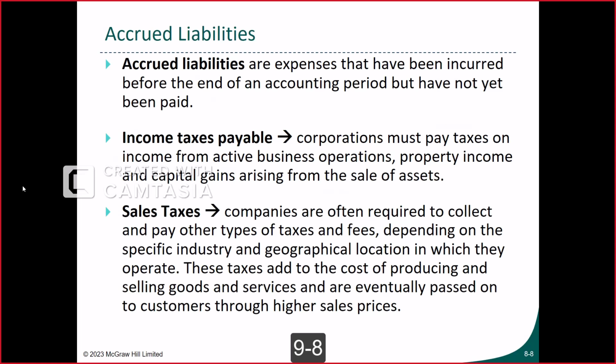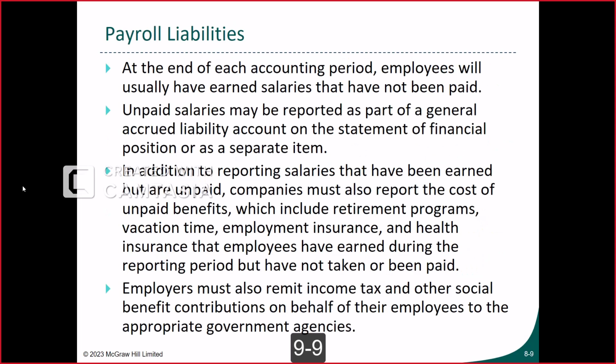So, accrued liabilities are expenses that have been incurred before the end of the accounting period but have not yet been paid. It includes, for example, income tax payable. So you have to wait until the full year is finished, then you calculate the income tax and then you recognize it as a liability. Sales tax is also an example of accrued liabilities, and the payroll liability, wages payable for the work that has been performed by employees during the period but not yet paid.